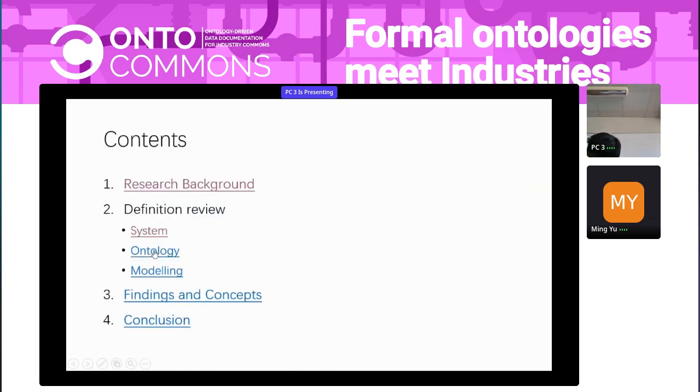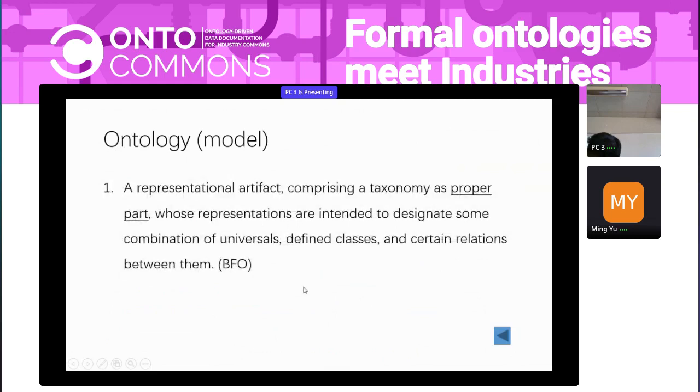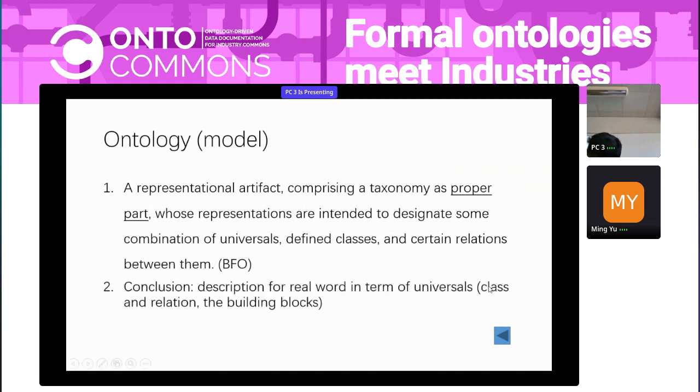Now about the ontology definition. This definition comes from BFO. An ontology model is a representational artifact comprising a taxonomy as a proper part, whose representations are intended to designate some combination of universals, defined classes, and certain relations.